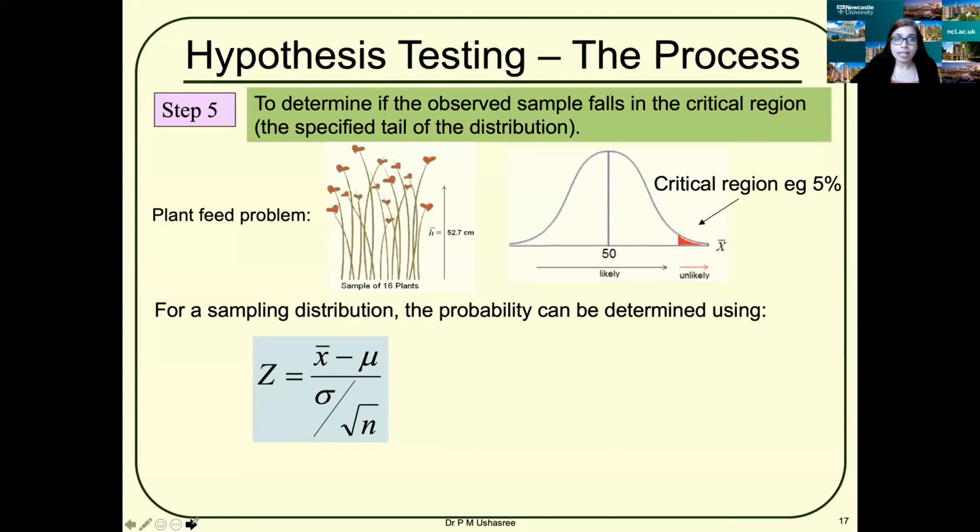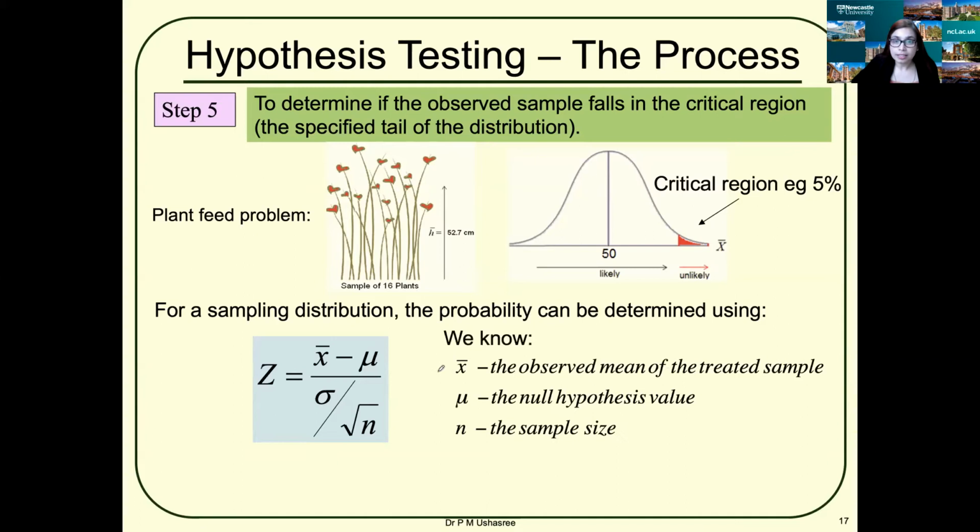We know the sample mean, the observed mean for this treated sample. We know the null hypothesis value, which is 50, because the null hypothesis is no change. So the population mean remains 50. And we know the sample size.